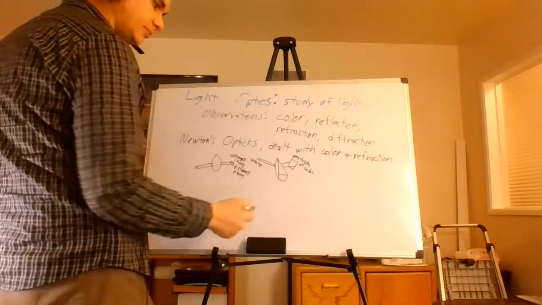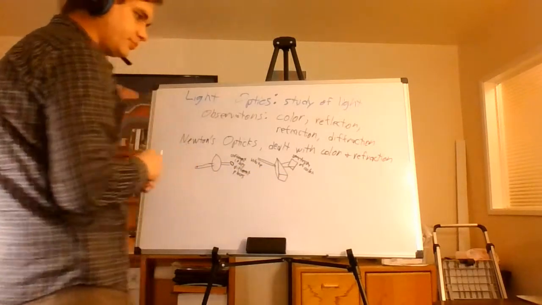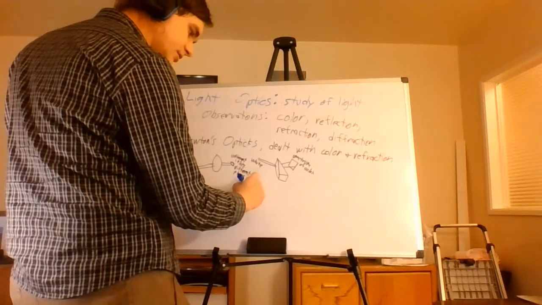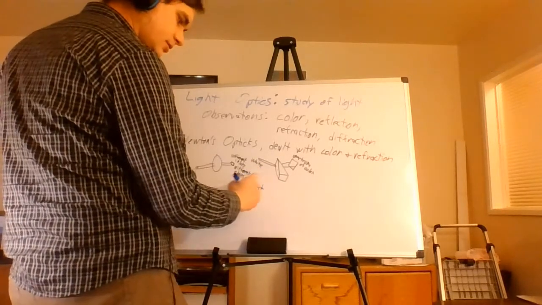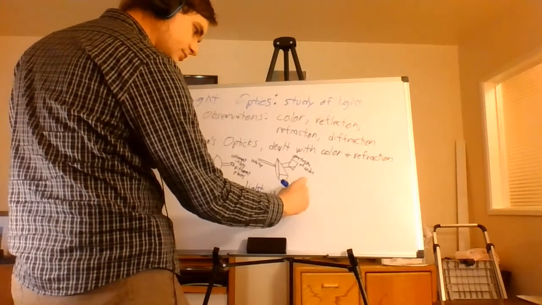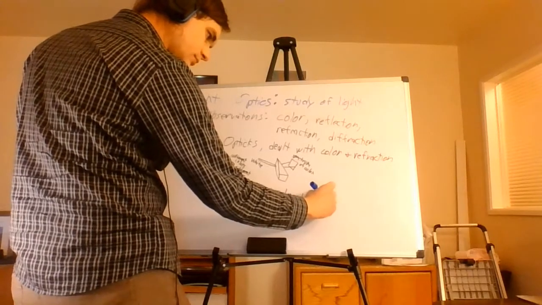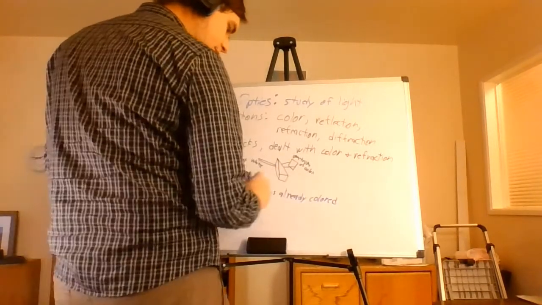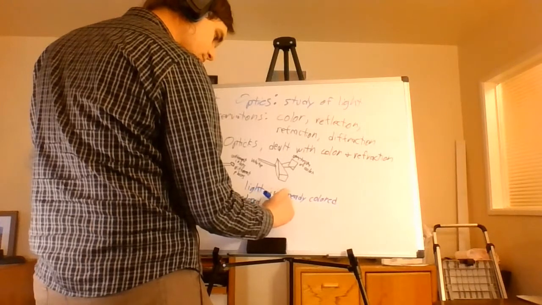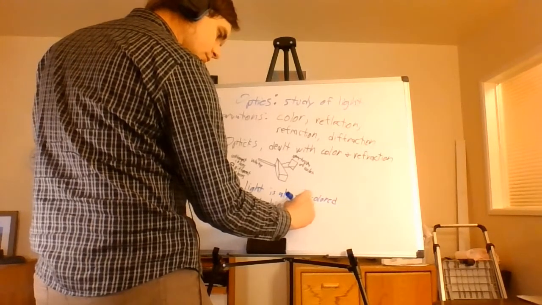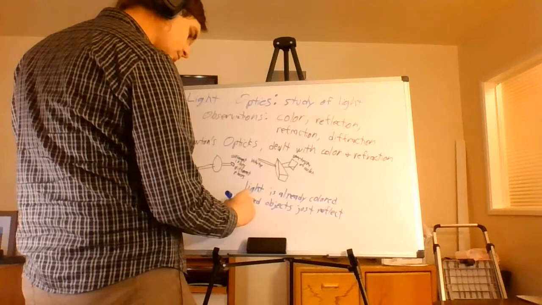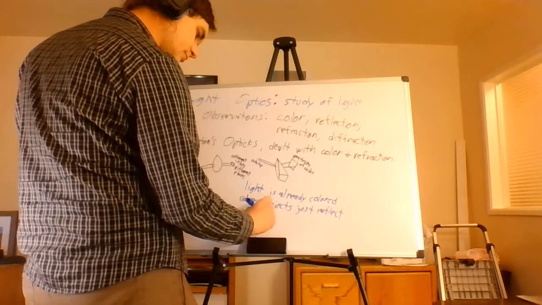But this led to the observation that light is already colored, and that colored objects just reflect some of the colored light.